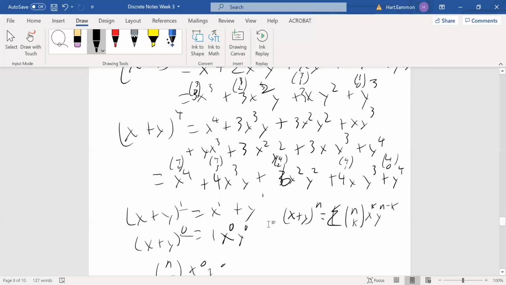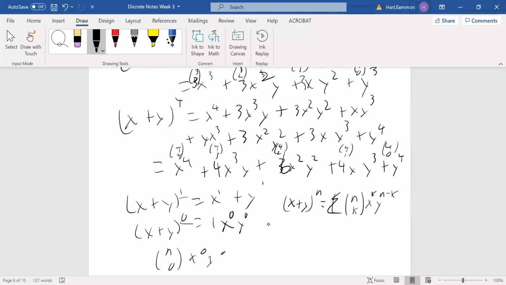And we can sub out these terms. If I actually had x plus 2z, I could just plug in 2z for y here, and the coefficient would be 2 to the n minus k times this, because my y is 2z. So this is a bit more general than it looks.